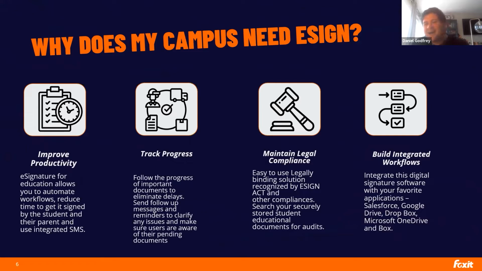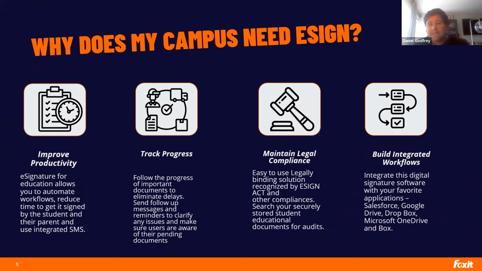So also all different ways to make sure that the signature you're getting is actually the signature you're supposed to be getting. Also, another great reason is that you can build integrated workflows. So there are a lot of systems that are being utilized by education right now, from document management systems, learning management systems, resource management systems, CRMs, all of that are all being used in education, and they all have different needs for documents. So they have different needs for signing.